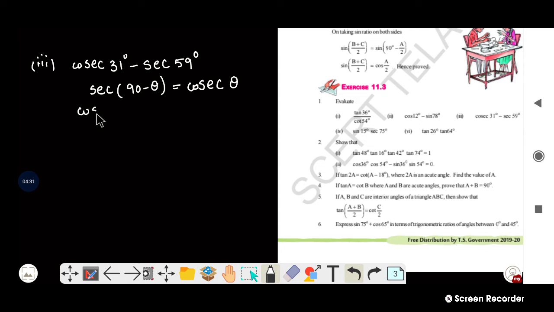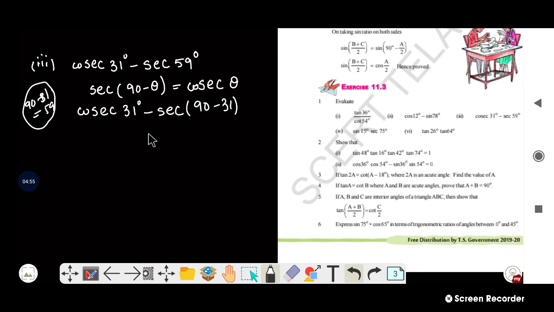So cosec 31 degrees as it is minus sec. So 90 minus 31 is 59. Is it right or not? Just roughly I am going to write 90 minus 31 is called 59. Right?